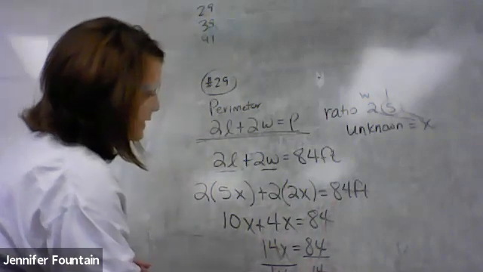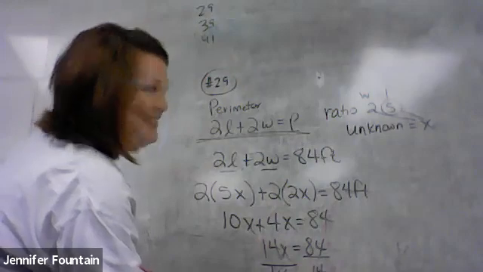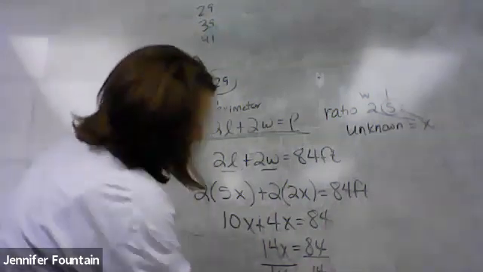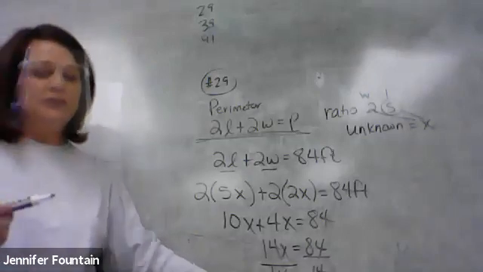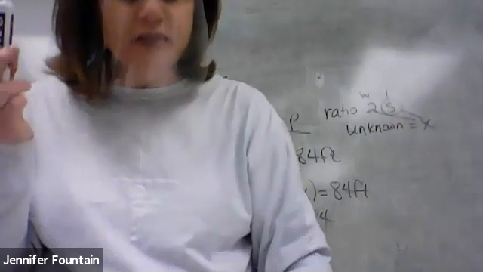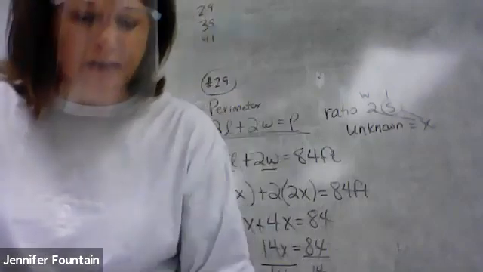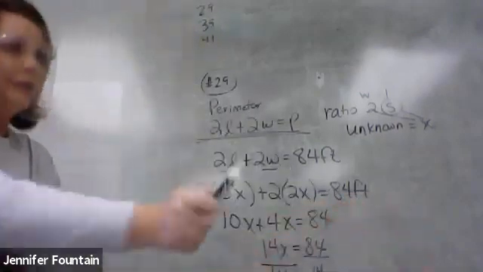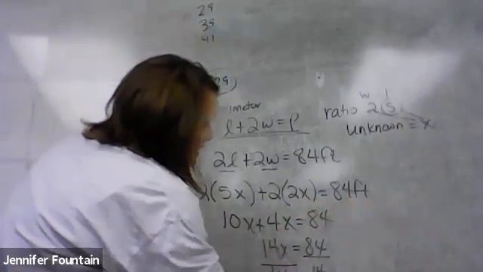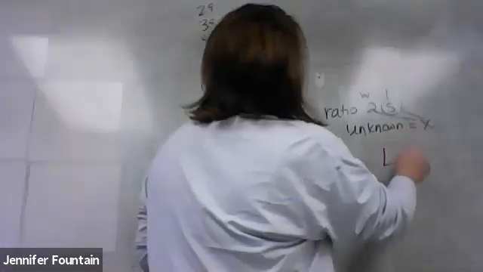Nope, 7 times 4 is 28. Close. 6. 6 times 4 is 24, carry your 2, so you've got 84. So x equals 6. Now let's look back at what the question asked me. It says find the length and the width. So if I know that x equals 6, what did I say my length was?